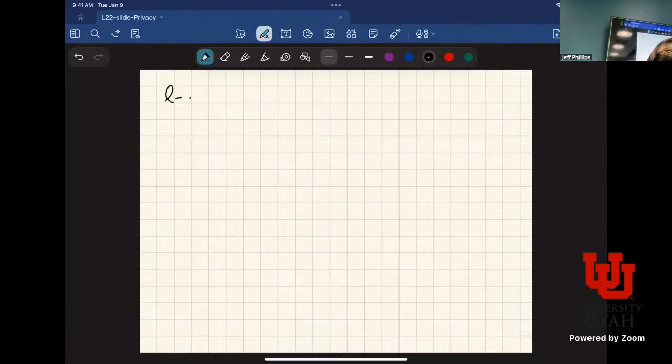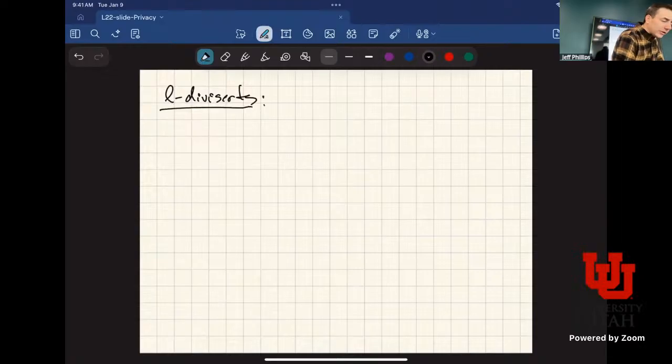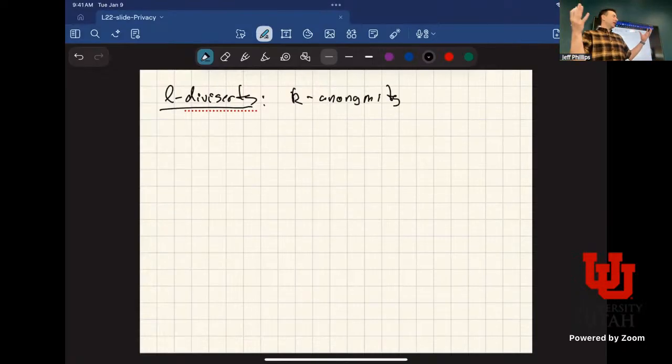The first one was called L-diversity. So this was K-anonymity: every person must be in a group with at least K other people in the same kind of records.